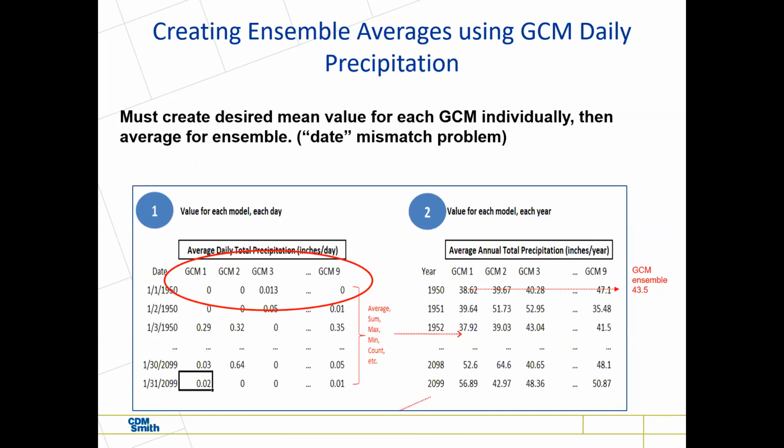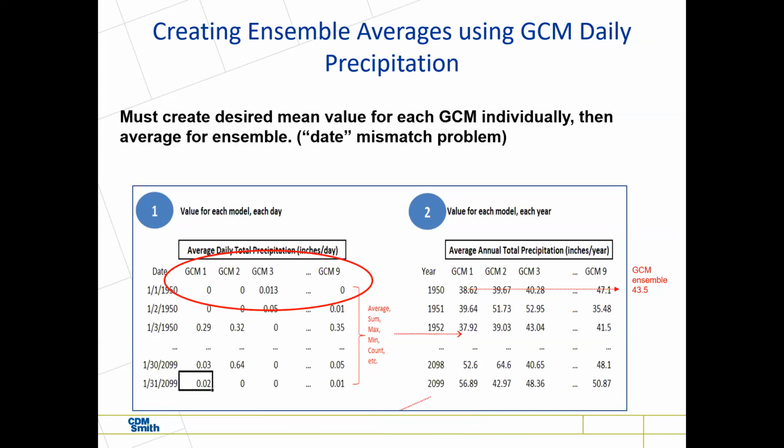Okay, one word here about creating means out of the ensemble that you have chosen, in our case, 9 models. When you first think about it, you would say, all right, why don't we just dump all of the data from the 9 models into one data set and calculate means? This is not a good idea. You'll see on the left that I've just printed a bit of a table, GCM1, GCM2, GCM3.